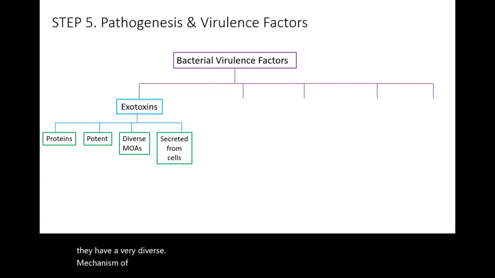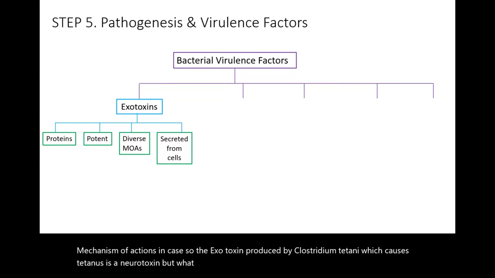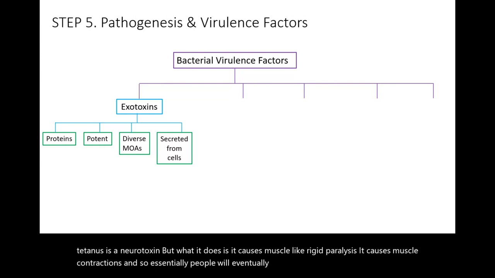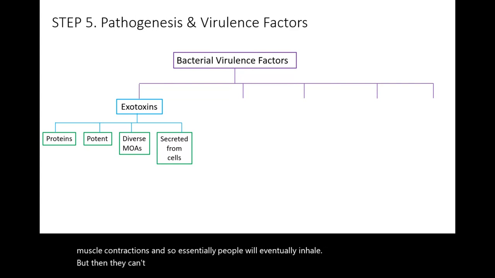Okay, so the exotoxin produced by Clostridium tetani, which causes tetanus, is a neurotoxin. But what it does is it causes rigid paralysis. It causes muscle contractions. And so essentially people will eventually inhale, but then they can't relax, and so they cannot exhale.